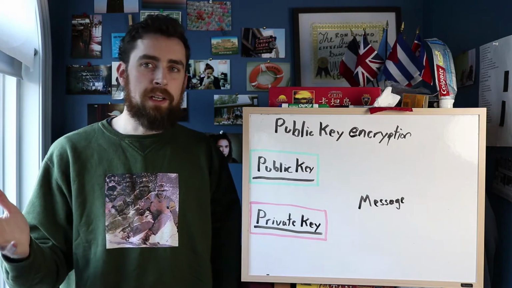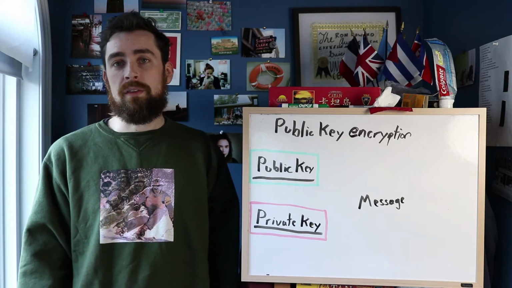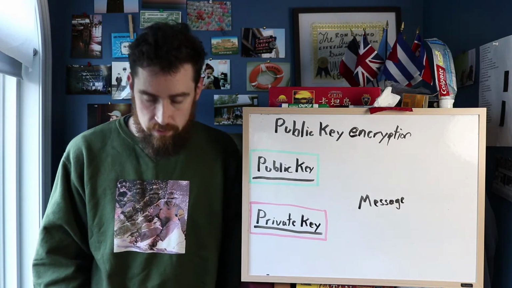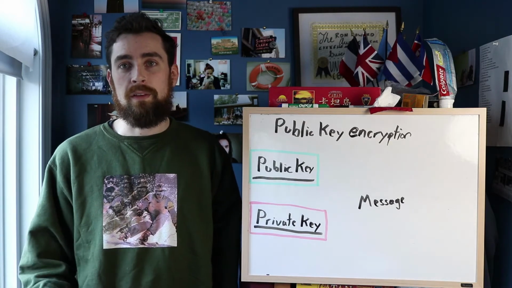So that's a real life signature. A digital signature obviously serves a very similar function, because why would they call it a digital signature if it did something completely different? That would just be stupid.